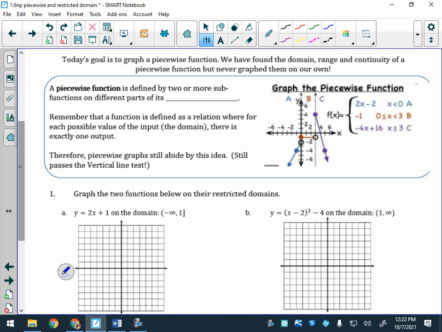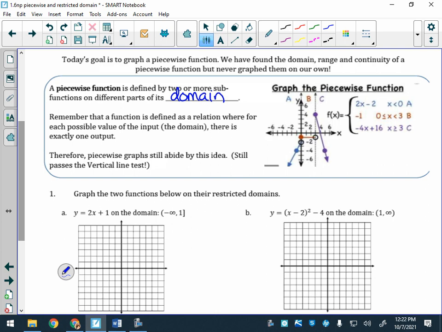A piecewise function is made up of 2 or more equations using different parts of its domain. If you look at this example, there are 3 equations given to you.